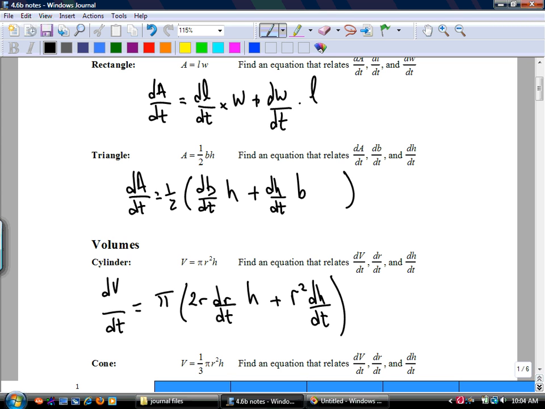People comfortable with what the half is and what the pi is out in front? They're just constants. Put them out front, cover them up, and then do the product rule. Right? The cone.